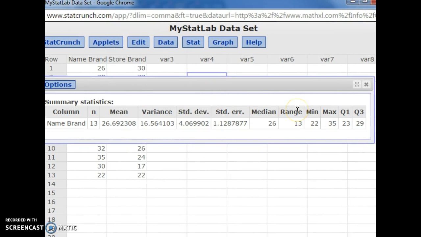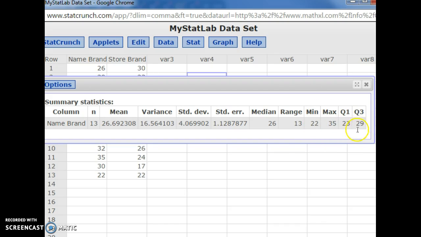So it gives you the median, the min, the max, the quartile 1, which is where that box will start, the 25% mark, and quartile 3, where that box will end, the 75% mark. So that's your 5-number summary right here. Ignore the range, but the min, quartile 1, the median, quartile 3, and then the max.